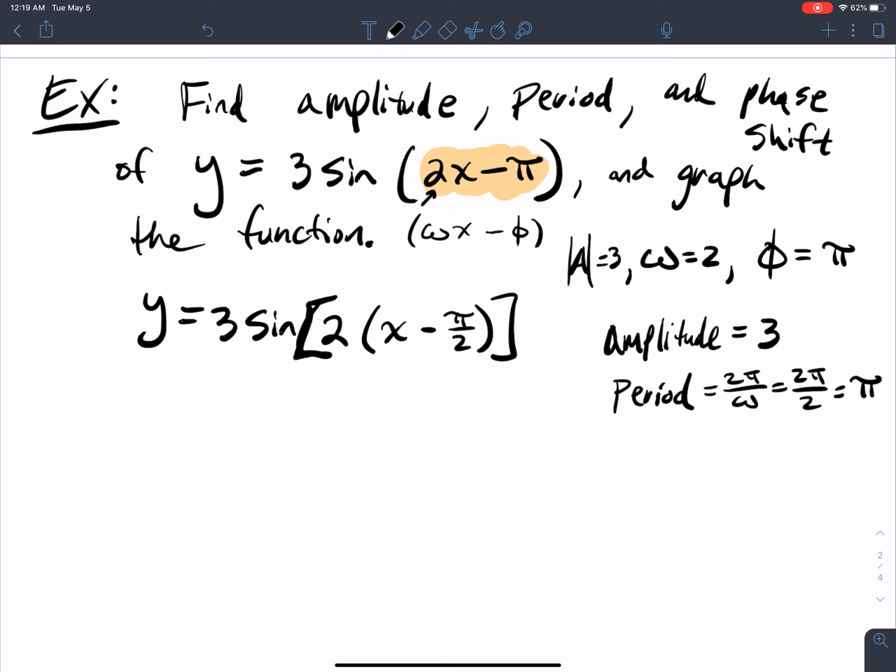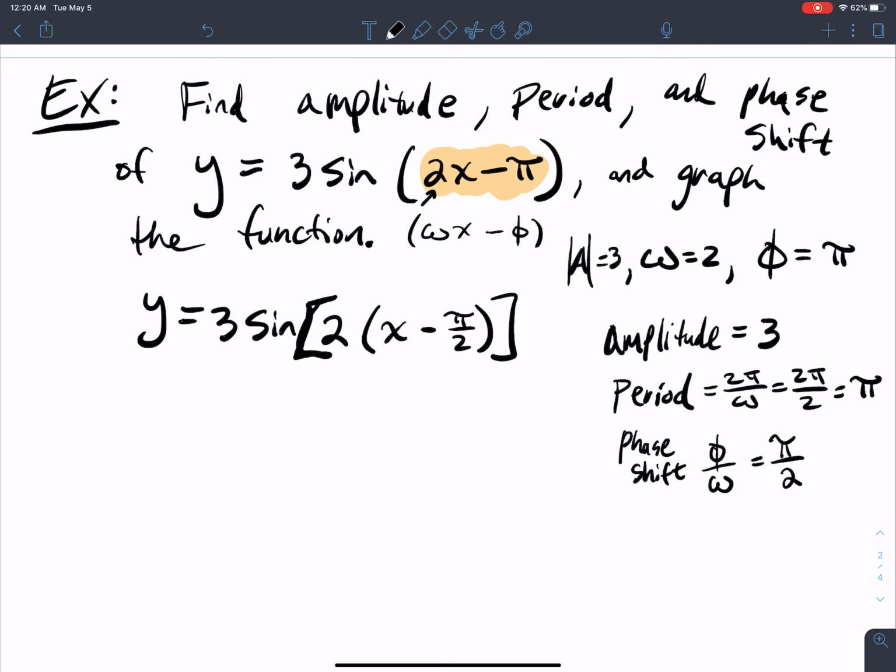And therefore that's going to give me a phase shift. Phase shift is phi over omega, which is equal to pi divided by 2.